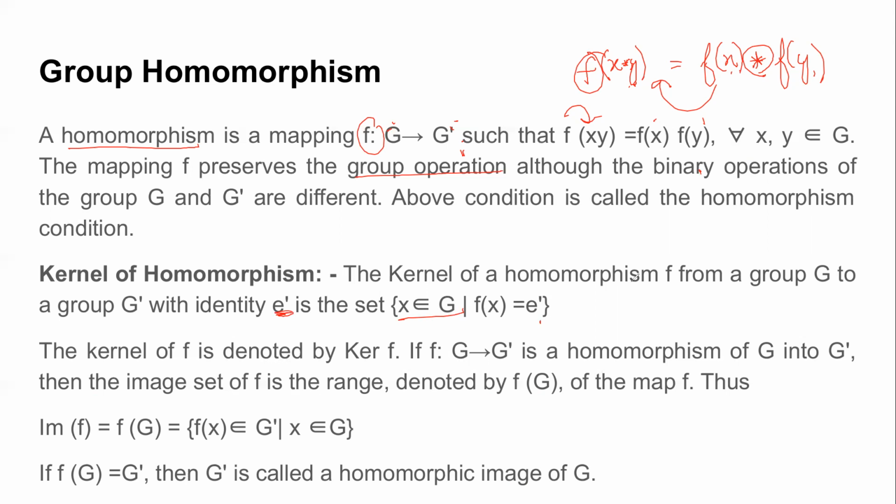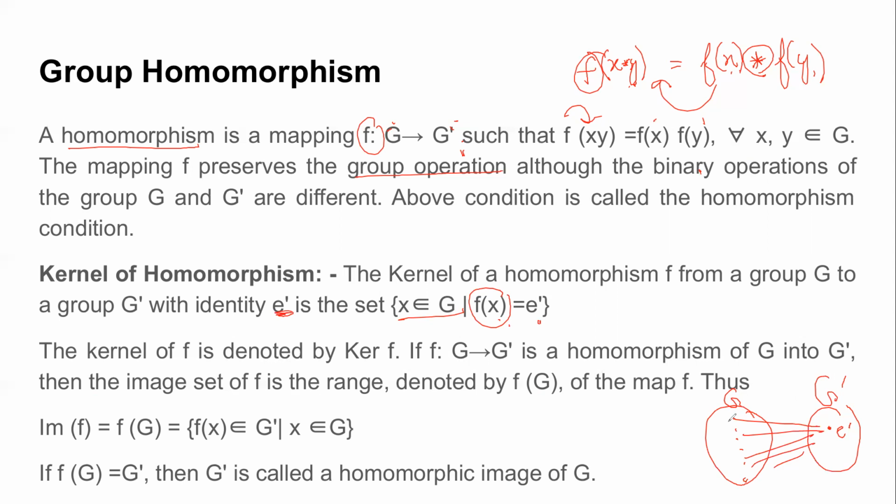It is the set of all elements such that when you apply the function f on x, it gives you the identity element. If I have set G and set G prime, and G prime has some identity element E prime, all such x which are mapped to E prime are known as the kernel of the homomorphism.